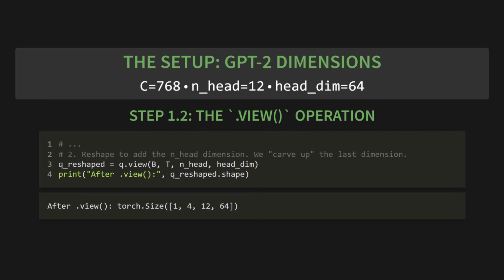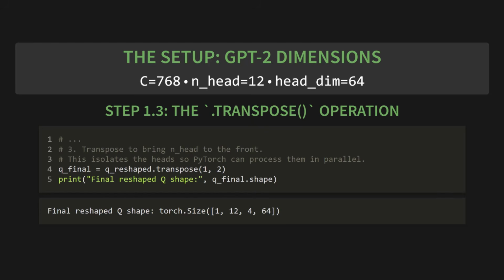But we're not done. Step 1.3, the .transpose operation. This is so important. We need to bring the number of heads dimension to the front. This isolates the heads so PyTorch can process them all in parallel. The code is q_final equals q_reshaped.transpose, switching dimensions 1 and 2.